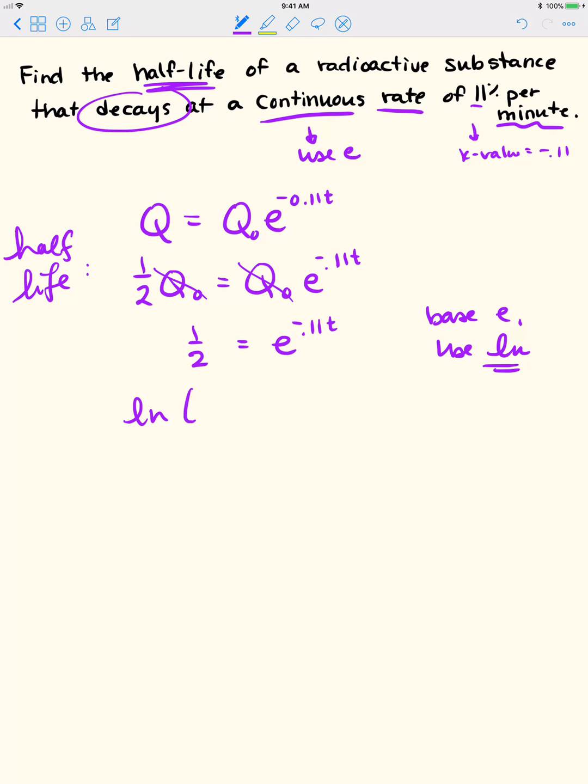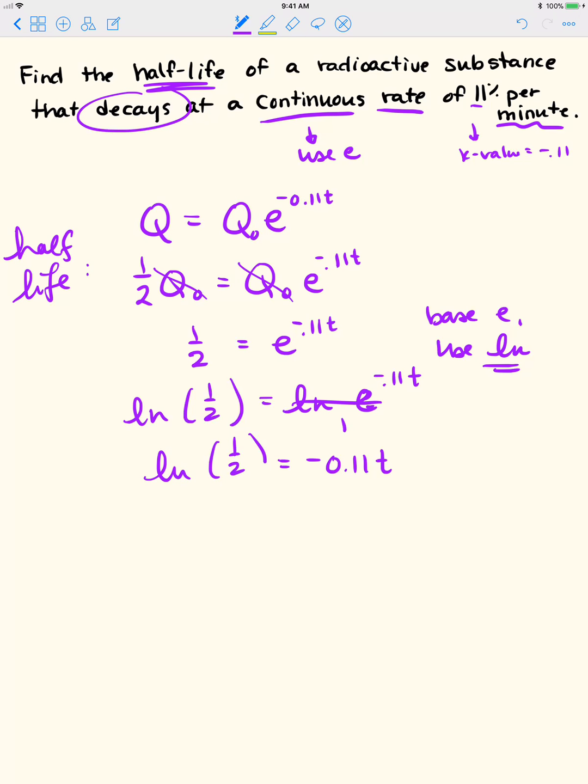So we have natural log of 1/2 equals natural log of e to the negative 0.11 t. And again, because you have the natural log of e to a power, the power can hop down front, be multiplied as a product. Natural log of e is just 1. You're left with negative 0.11 t on the right-hand side.